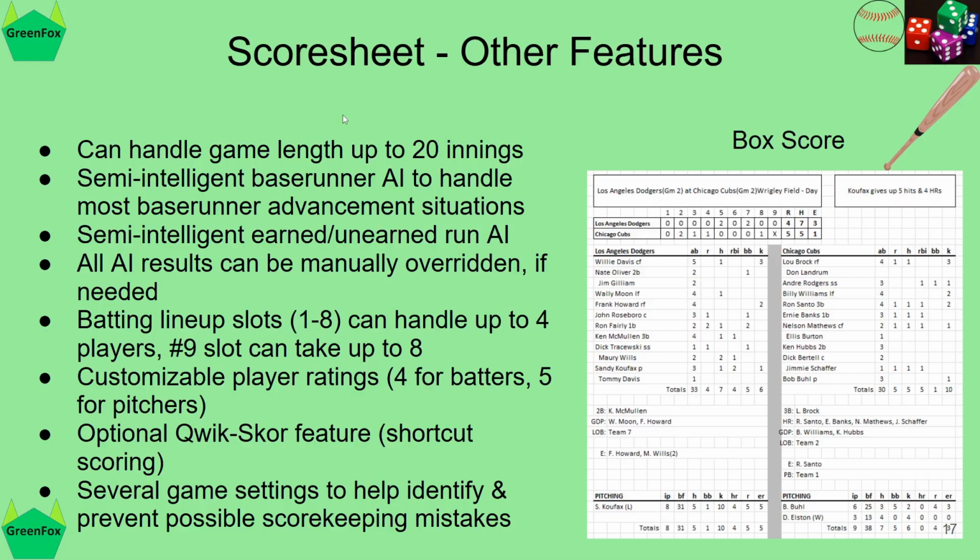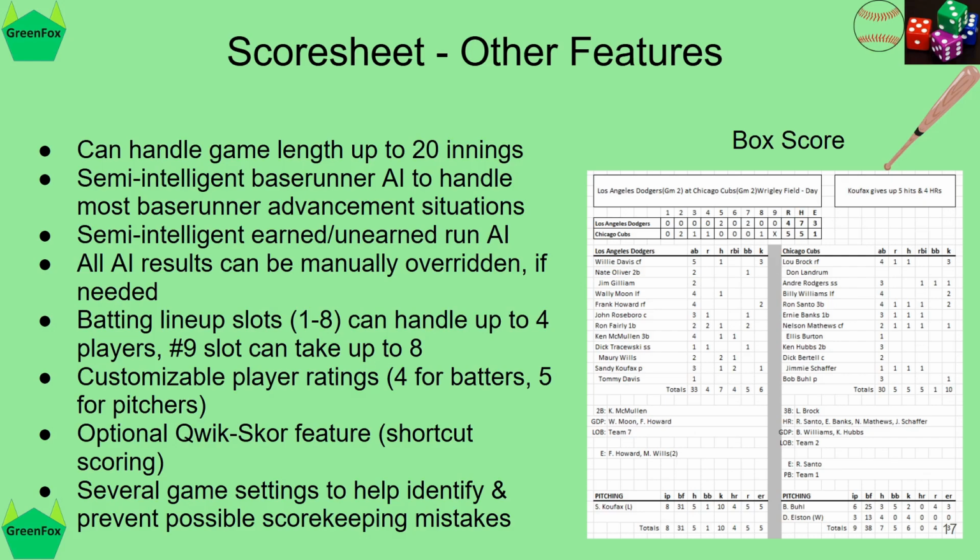Some other various tidbits about the score sheet. It can handle up to 20 innings. That hasn't been a problem yet, but I may have to add a few more innings if needed. But so far I haven't had to. It has what I call semi-intelligent base runner AI to handle most situations.